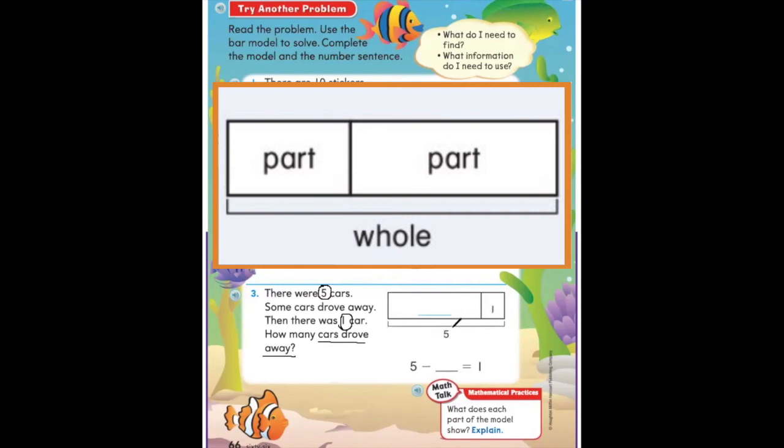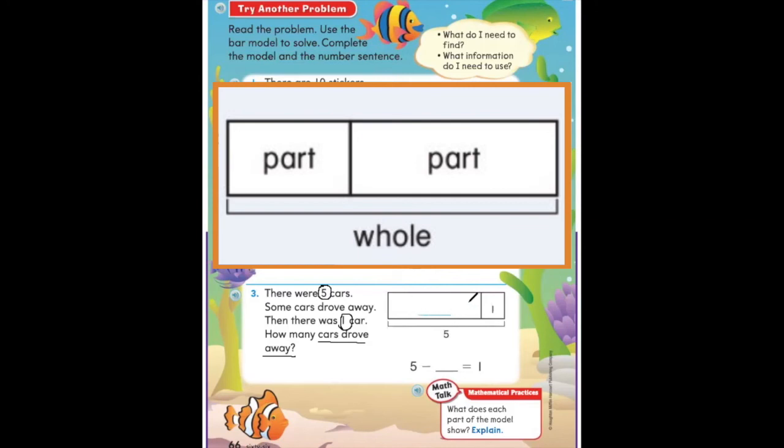The number 5 is the whole. That is the number of cars at the start. There were 5 cars at the start. The number 1 shows us 1 part. 1 part of our problem is the 1 car that is left over.